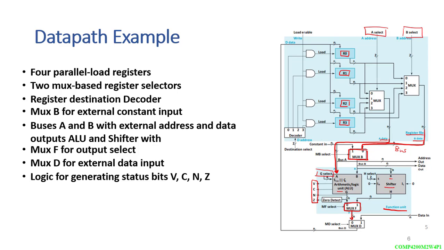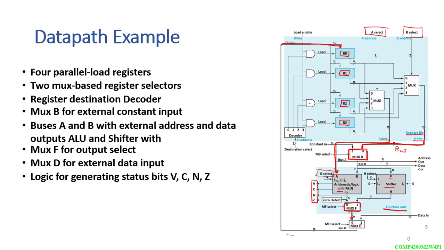Their output will go again to MUX-D, which also selects between 0 and 1, where 0 is from the function unit, 1 is from data N, and then our output from MUX-D will go to the register file over here, and it will be connected to either R0, R1, R2, or R3.